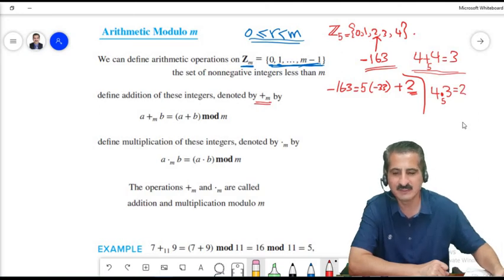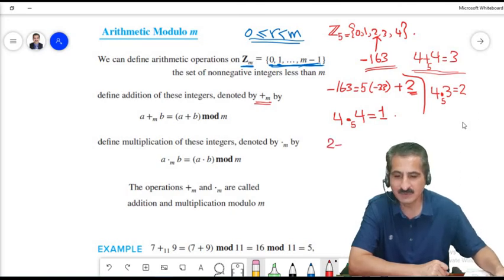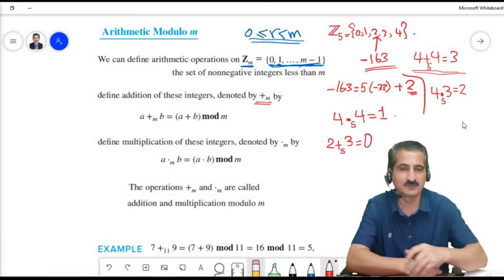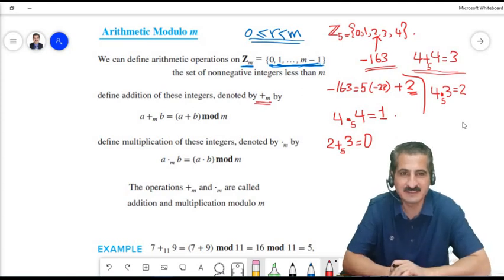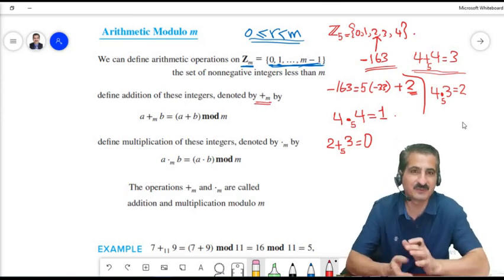And 4 times 4 modulo 5 is 1. Interesting. And guess what? 2 plus 3 modulo 5 is 0. Yes, it is 0. We are working modulo 5.